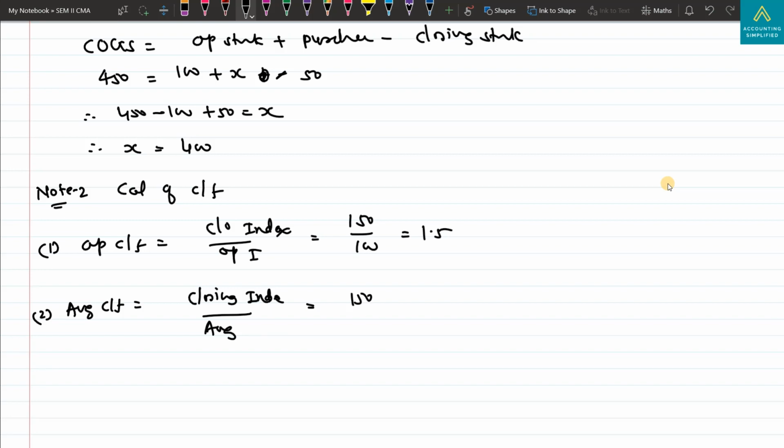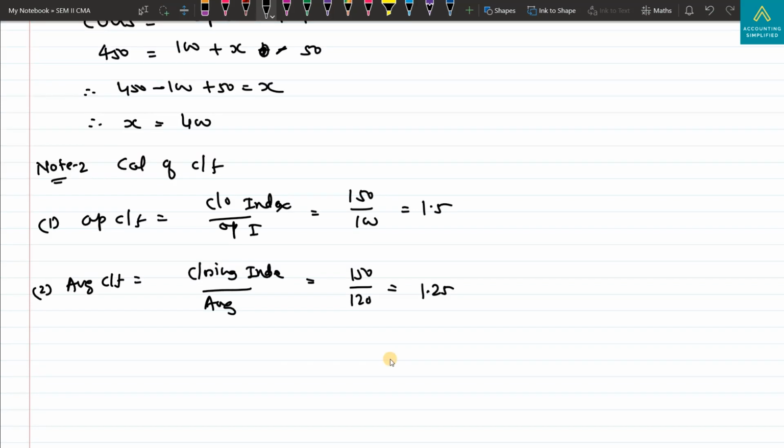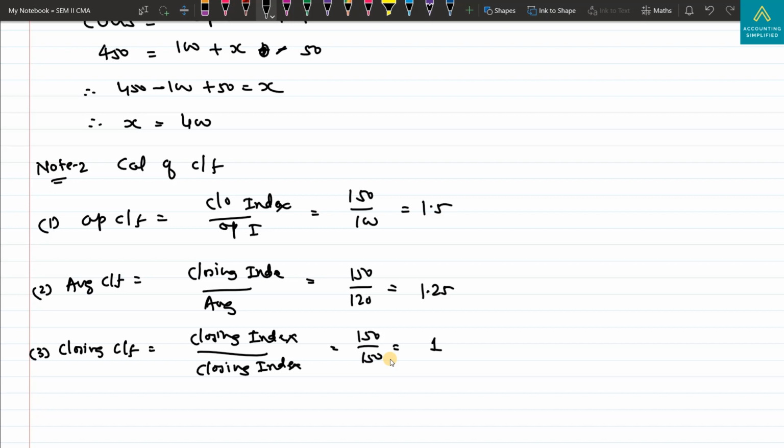Closing index 150 divided by 120, it is 1.25. Now third is closing conversion factor. Closing conversion factor, and the formula you know, closing index divided by closing index is equal to 150 divided by 150, it comes 1 always, right?